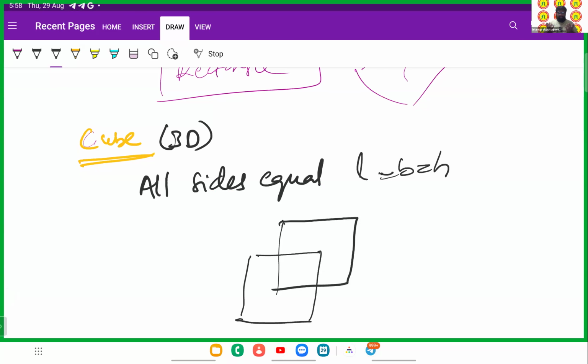So it comprises 6 sides. If these 6 sides are squares, then that is a cube. So combining all square surfaces, top, bottom, left, right, front and back is called a cube. You can see a Rubik's cube. All 6 surfaces are squares, or not?